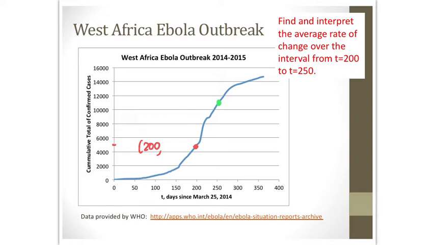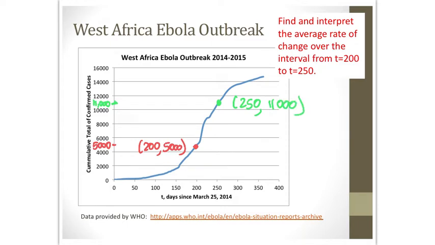So I'm going to approximate the number of confirmed cases 200 days into the outbreak as 5,000. And for this point, we have a t-value of 250, and here we can approximate this as somewhere between 12,000 and 10,000, so we can approximate that as 11,000.